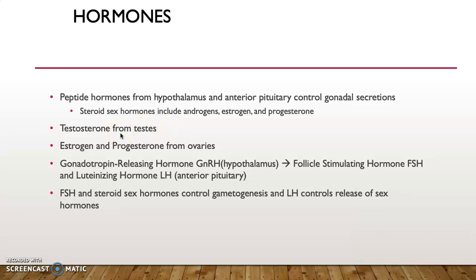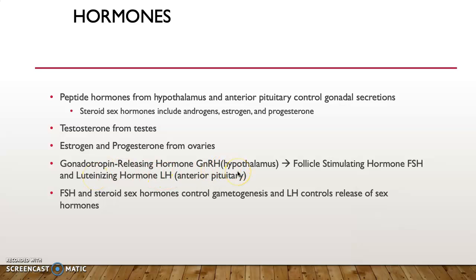Testosterone comes from the testes. Testosterone is converted to what's called DHT, which is a more potent derivative of testosterone. That's where pretty much all the male sexual characteristics develop from. And estrogen and progesterone are from the ovaries. And as I said before, both sexes make all three. Now we'll talk about gonadotropin releasing hormone, in short GnRH.